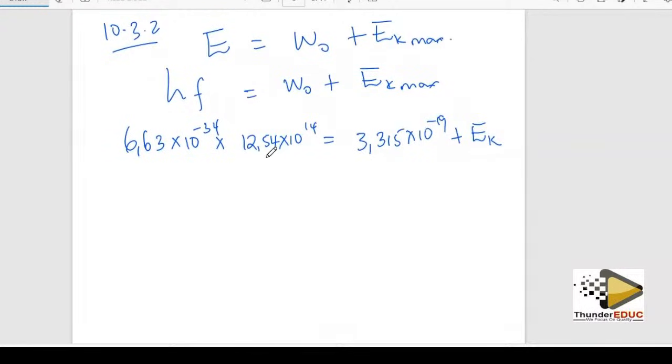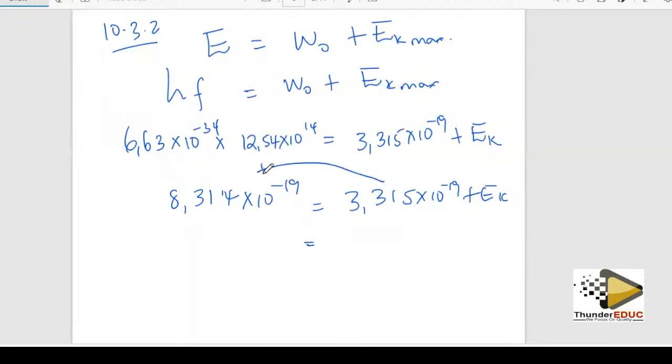Then we multiply on the left. I'm getting something like 8.314 times 10 to the negative 19 is equal to 3.315 times 10 to the negative 19 plus the EK. Then I can move this to that side, and then I'll subtract.